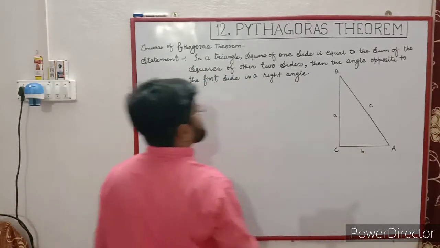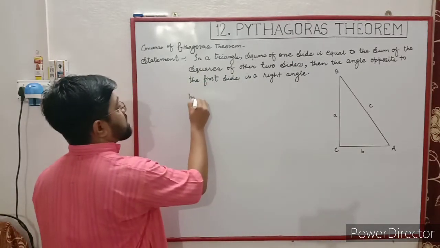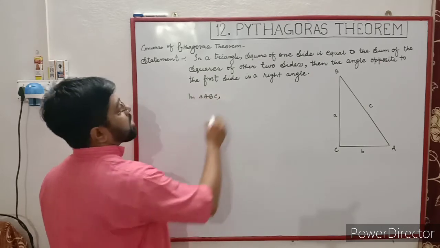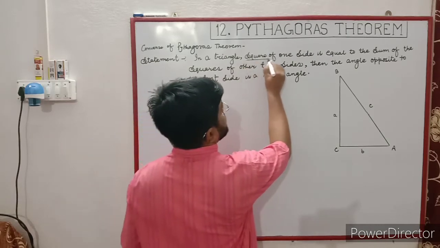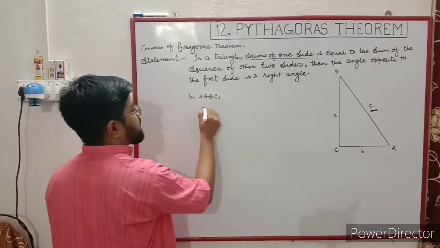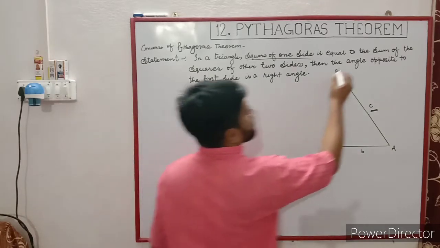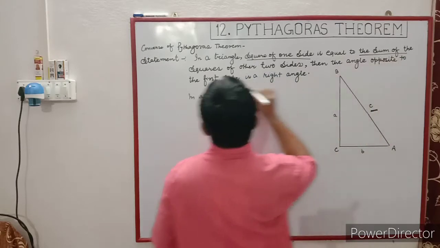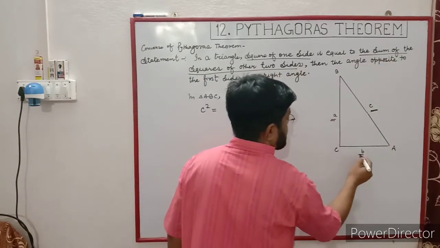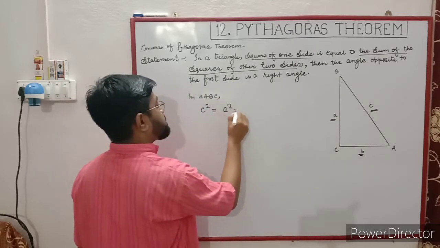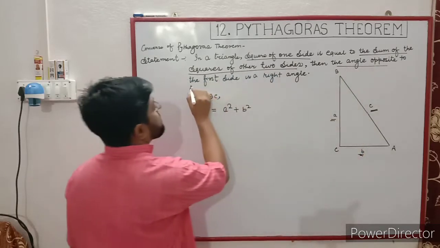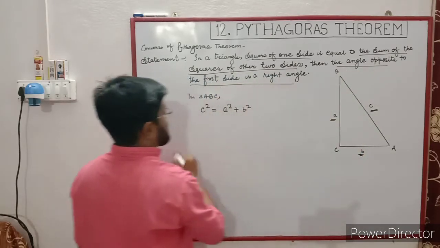From the figure, in triangle ABC, the square of one side is equal to the sum of the squares of other two sides, so A square plus B square.